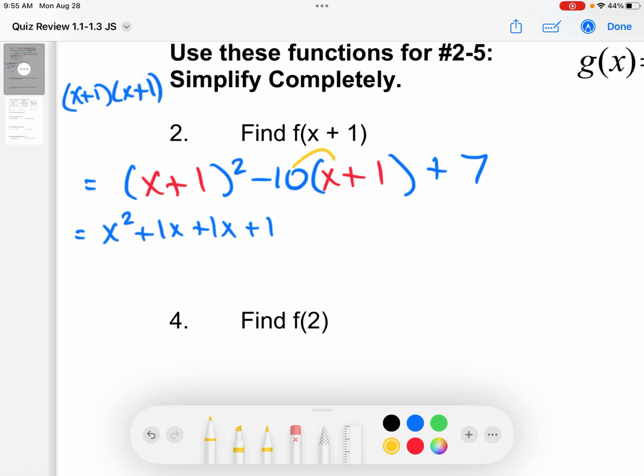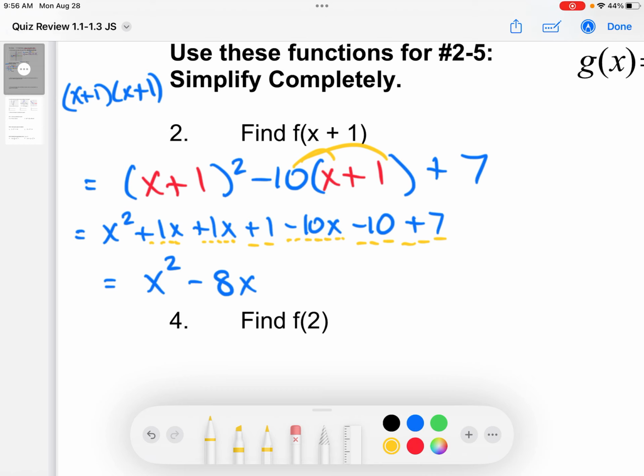And then we will need to distribute the -10. We'll get -10x minus 10, and then bring down the plus 7. Now, we have a lot of like terms to combine. We do only have one x squared term. For the x's, we have 1x plus 1x minus 10x. So that gives us minus 8x. And then for the constants, that's plus 1, plus 7, and minus a 10.